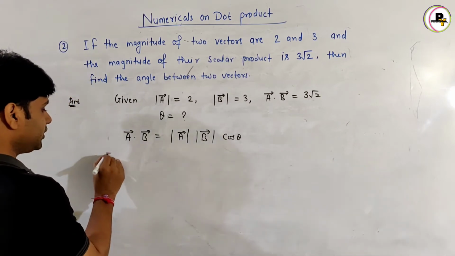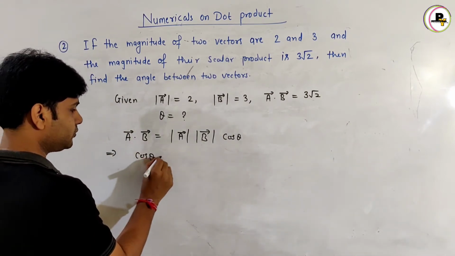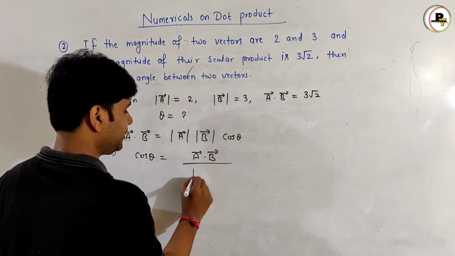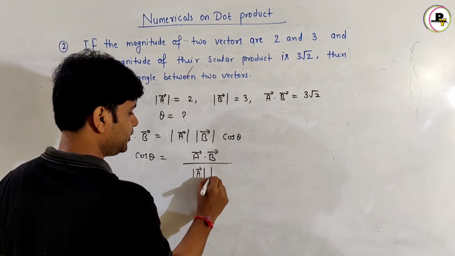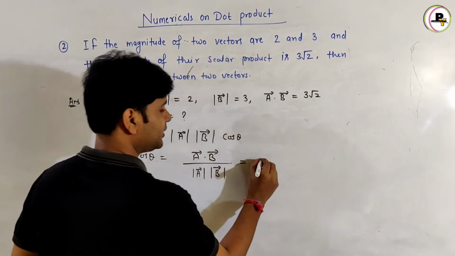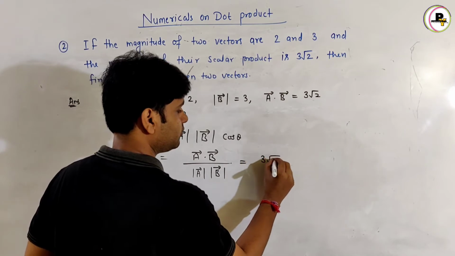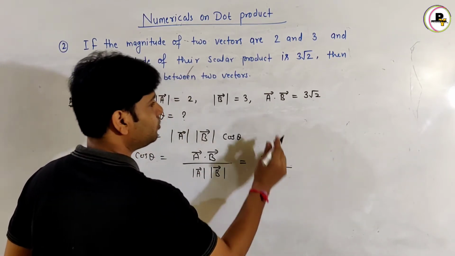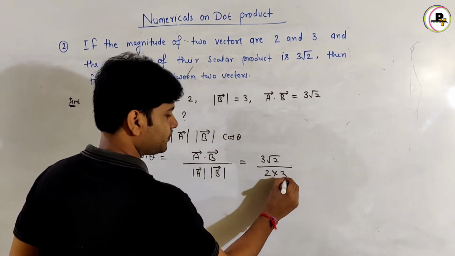Therefore cos theta is a vector dot b vector divided by mod of a vector into mod of b vector. If I substitute the values, it is 3 root 2 divided by 2 into 3.